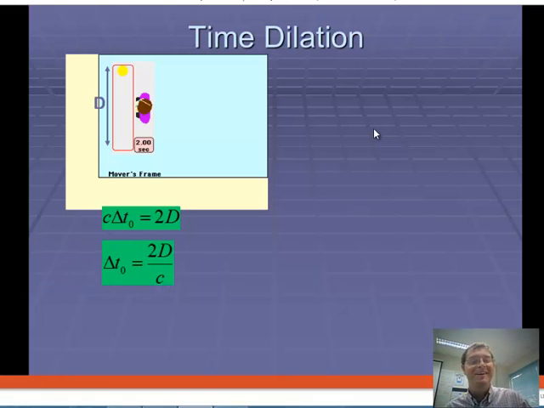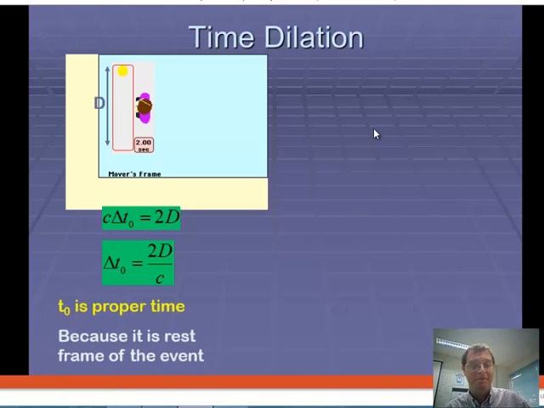So therefore the change in time is twice the distance divided by the speed of light. And this is proper time. It is the rest frame of the event. Nothing seems to be moving. So this gives our proper time, the time of the observer as measured by the light clock when the light clock is at rest to the observer.